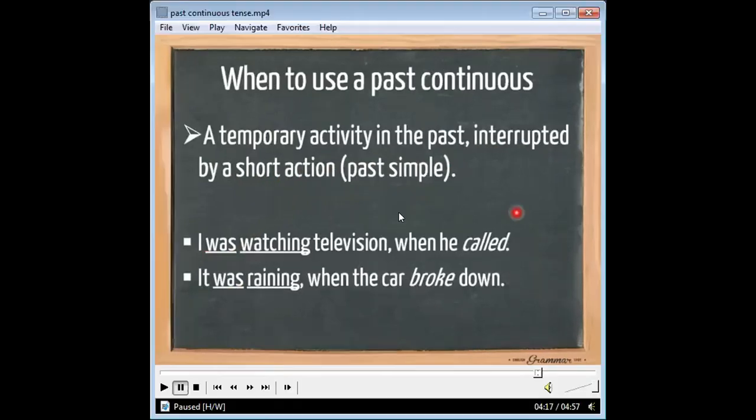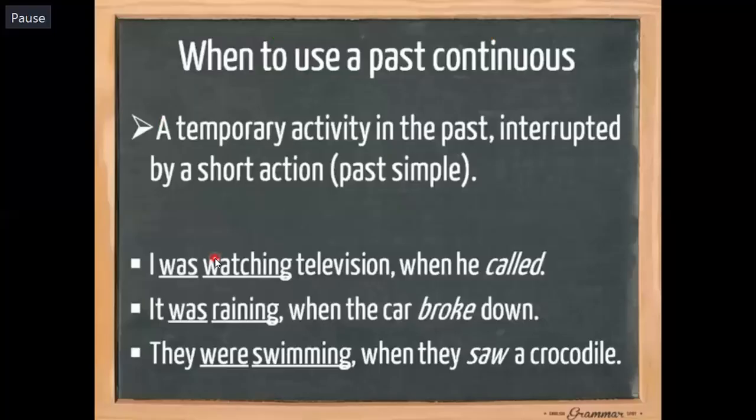So for that condition we use past continuous for the temporary activity, and for interrupted action we use past simple, like I was watching television when he called. So that was the short action, continue action in the past, when the call interrupted that action.